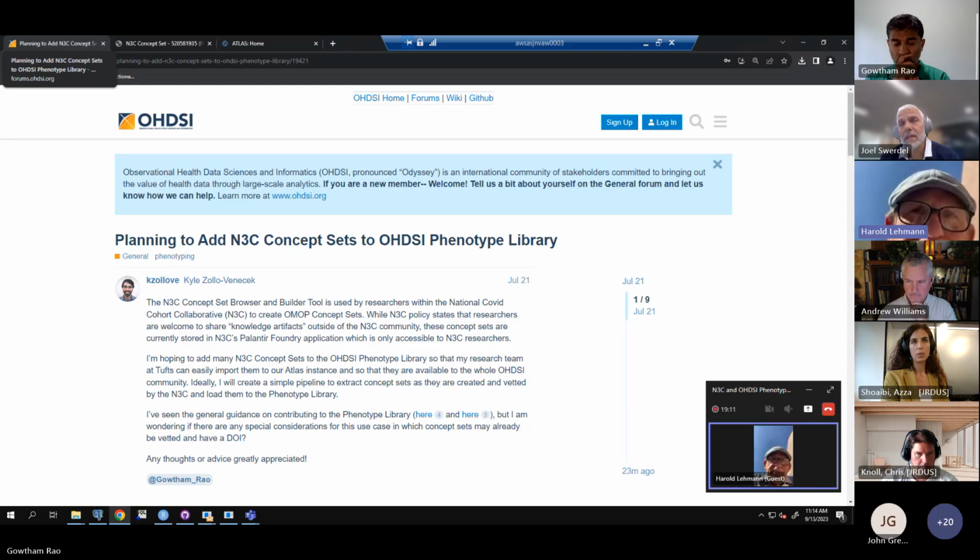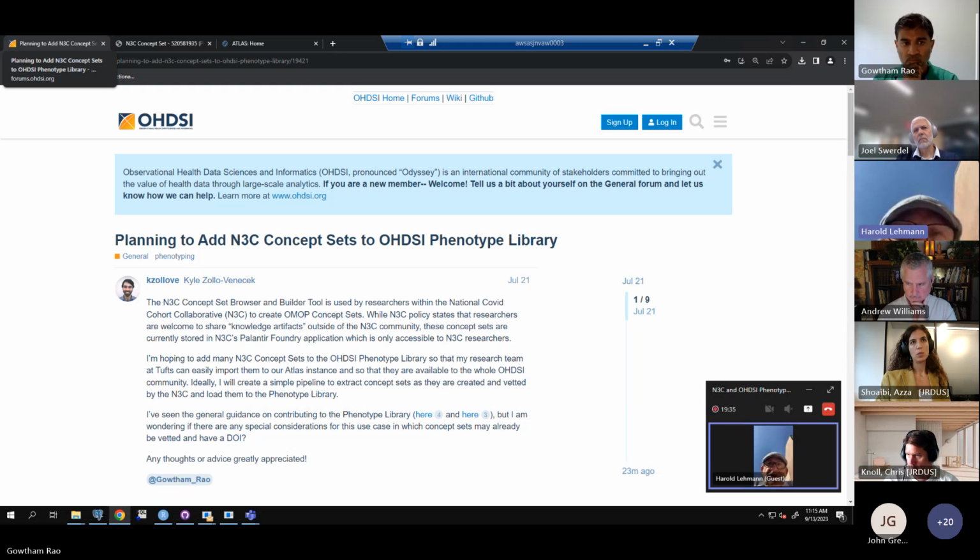But in terms of the utility of the N3C recommended concept sets beyond COVID research, a researcher would have to make the judgment that those concepts are still relevant.